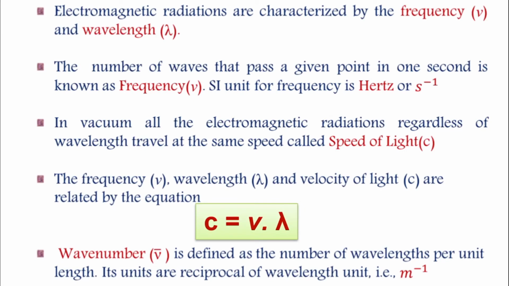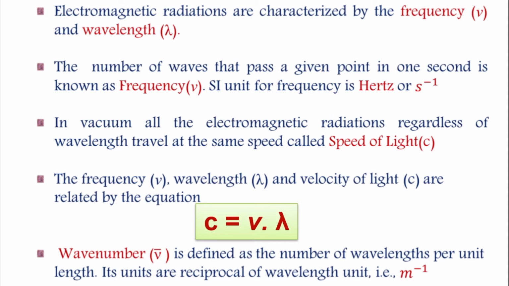So students, let us have a quick recap of what we have learned so far. We have learned some characteristics of electromagnetic radiations. Electromagnetic radiations are characterized by frequency and wavelength. The number of waves that pass a given point in 1 second is known as frequency, and the SI unit of frequency is hertz, or cycles per second, that is second inverse.